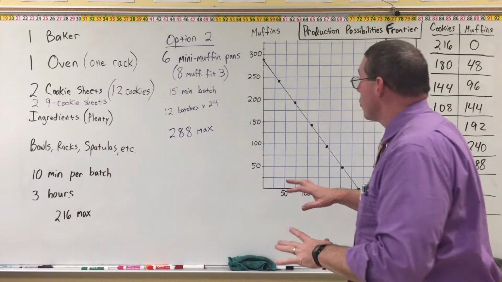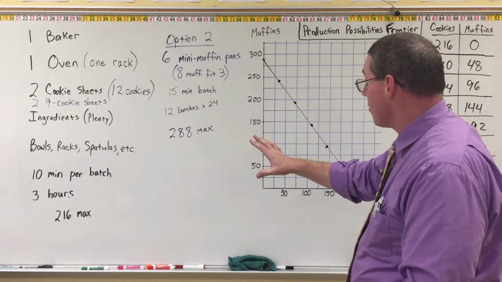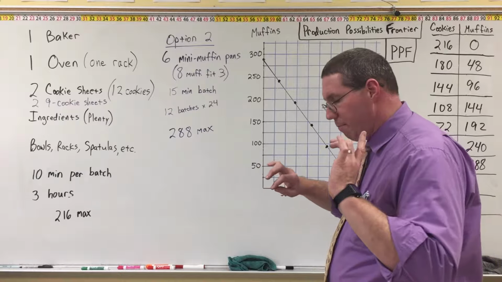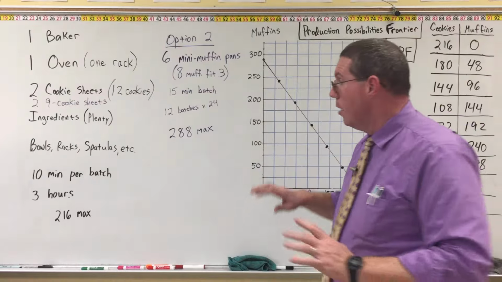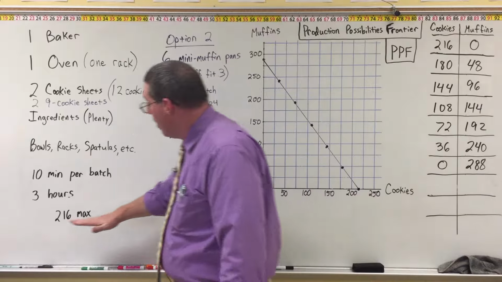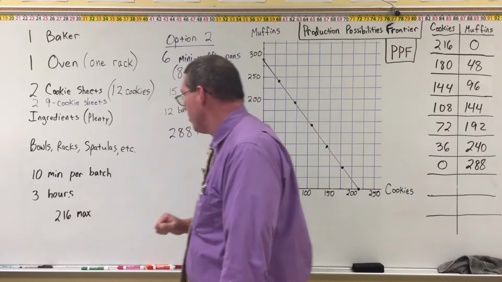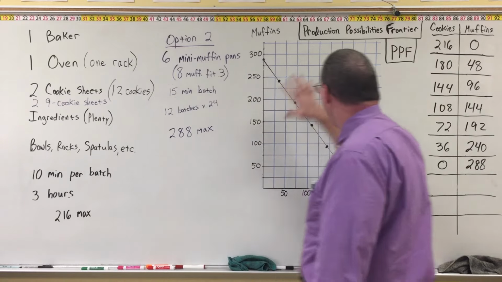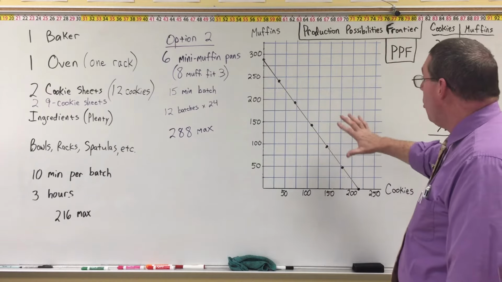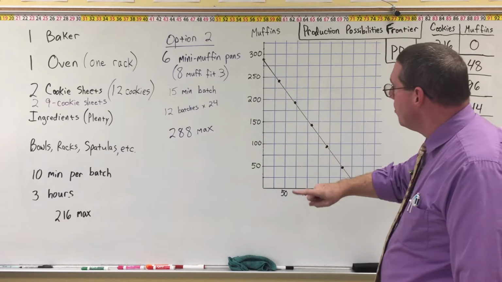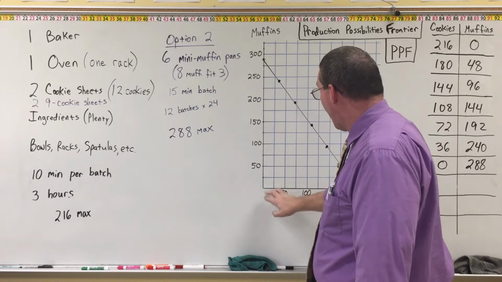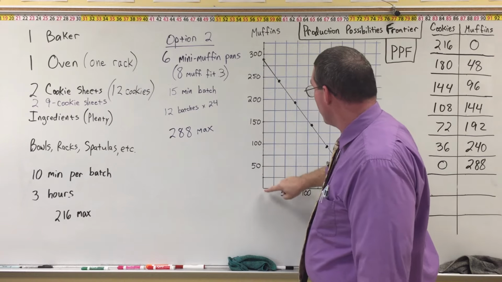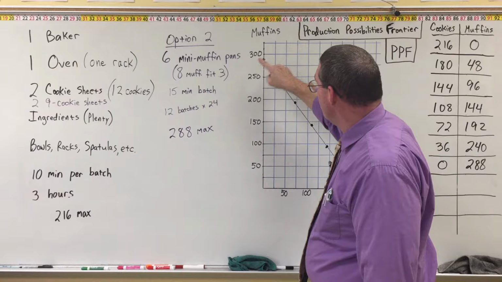Now, what we have here is this. Now, this all goes back to the idea of productive capacity. Okay, the productive capacity here is the maximum number of cookies is 216, and the maximum number of muffins is 288. And on the frontier, we always put the maximum number of each item on the axis. You can see that this vertical axis is muffins, and so you can see that we have marked up here, there's about 288.